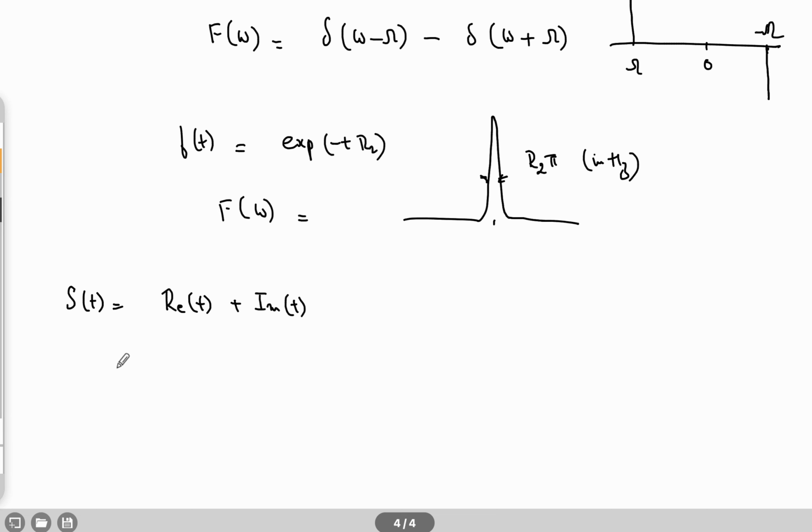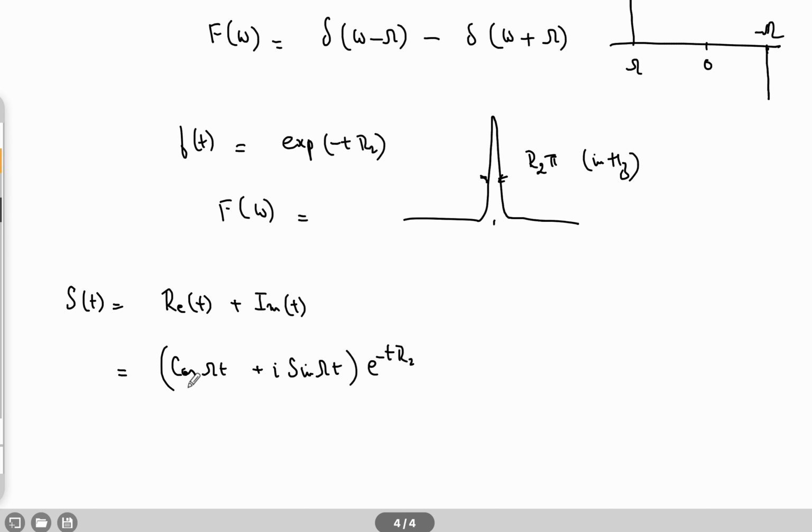This can also be written as cos(offset t) plus i sin(offset t), which comes from the Mx and My part, if you remember the Bloch equation discussion, and then you also have the relaxation part multiplied with this, right?